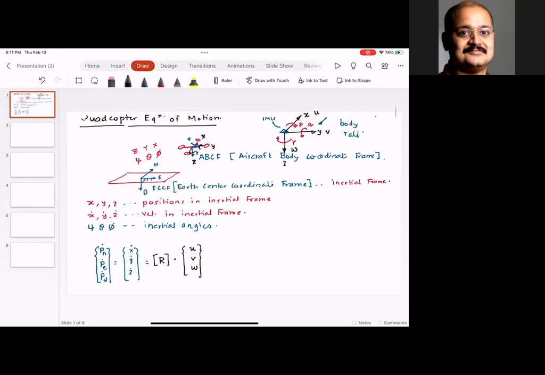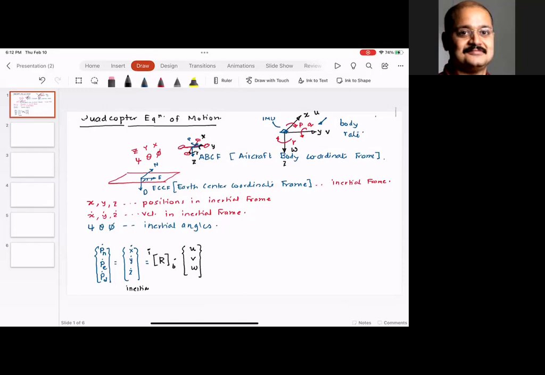Does everyone remember this equation? Yeah, the rotation matrix. And this rotation matrix is inertial to body, so you can call this R_IB, right? And I gave you that expression. In the previous class, we did this transformation and we derived the equation.